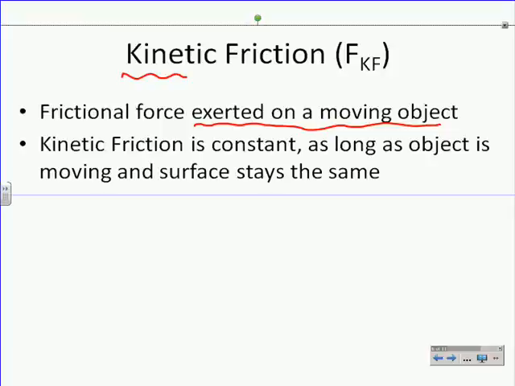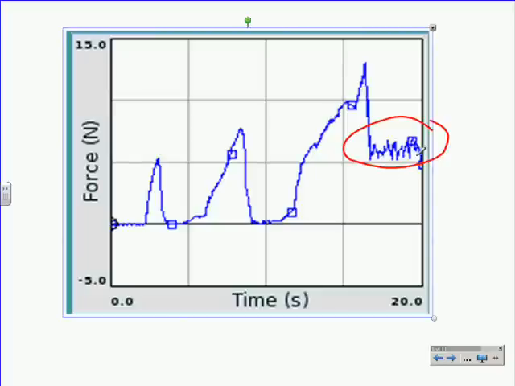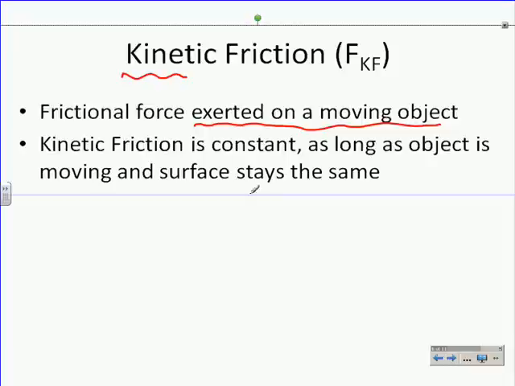Kinetic friction is a constant force. And if you notice from that graph, what did we see right through here? Yeah, it's kind of jumpy, but if we put a line or took an average of this value, we'd find that those values stay pretty constant. Kinetic friction is a constant value, as long as the object is moving and the surface stays the same.